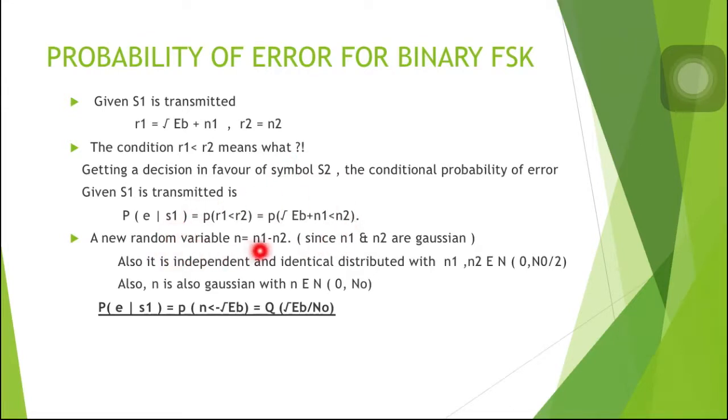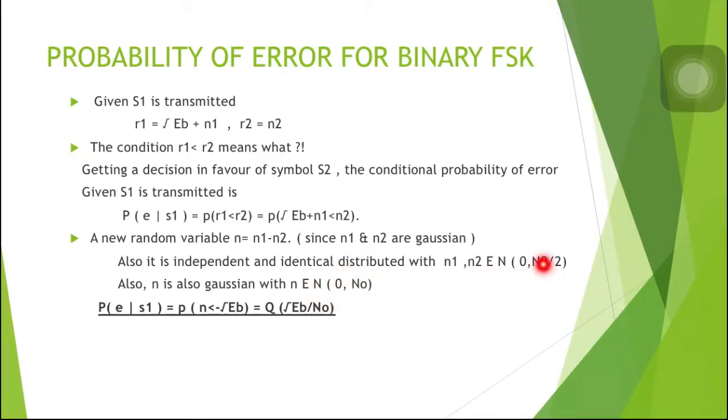Let's consider the random variable n equal to N2 minus N1. Since N1 and N2 are Gaussian and also independent and identically distributed, IID, with N1, N2 being N(0, N0/2), n is a Gaussian with n being N(0, N0).